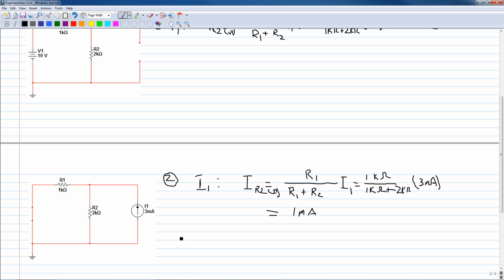Once we know the current in R2, we can find the voltage across it, which will be VR2 due to I1, is equal to IR2 due to I1 times R2.